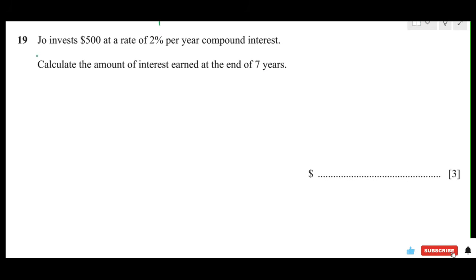Question number 19. Joe invests $500 at a rate of 2% per year compound interest. Calculate the amount of interest earned at the end of 7 years.